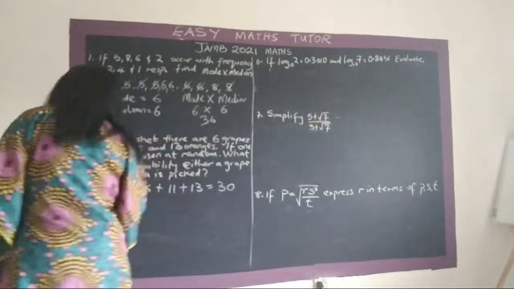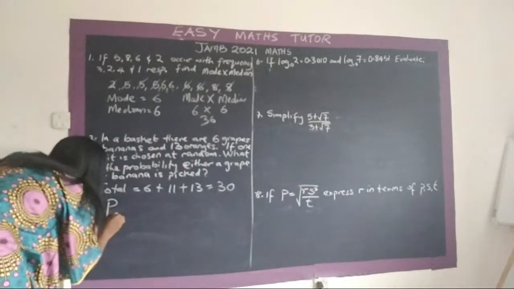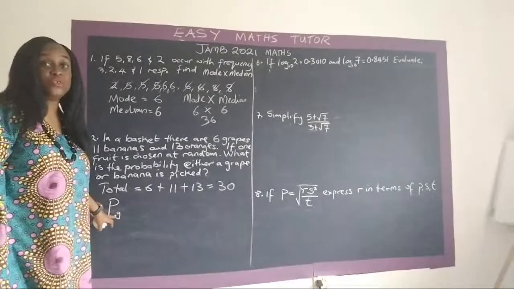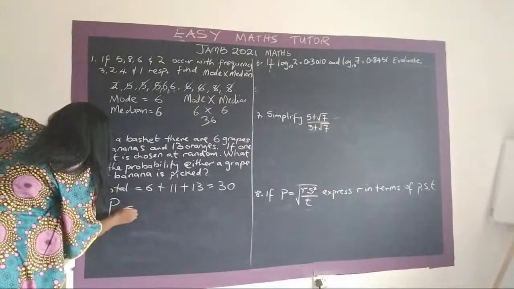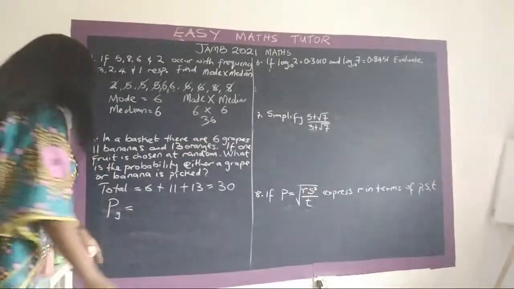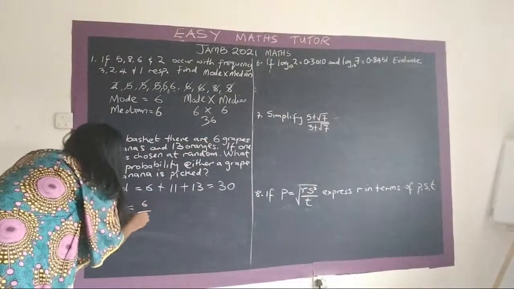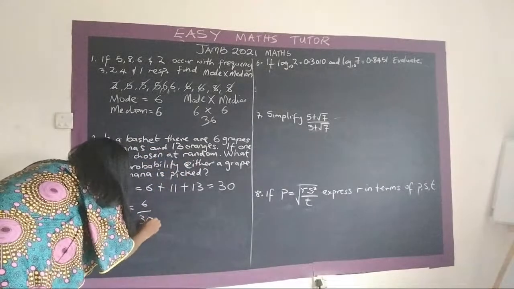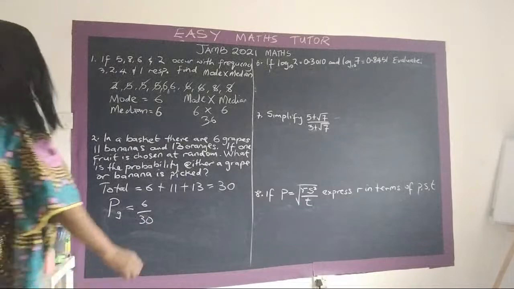The probability of a grape, P(G), is the total number of grapes, 6, over the total number of fruits, 30.